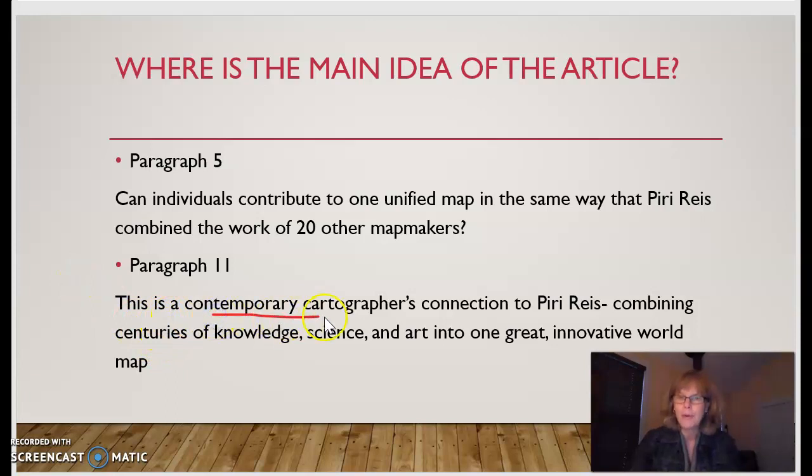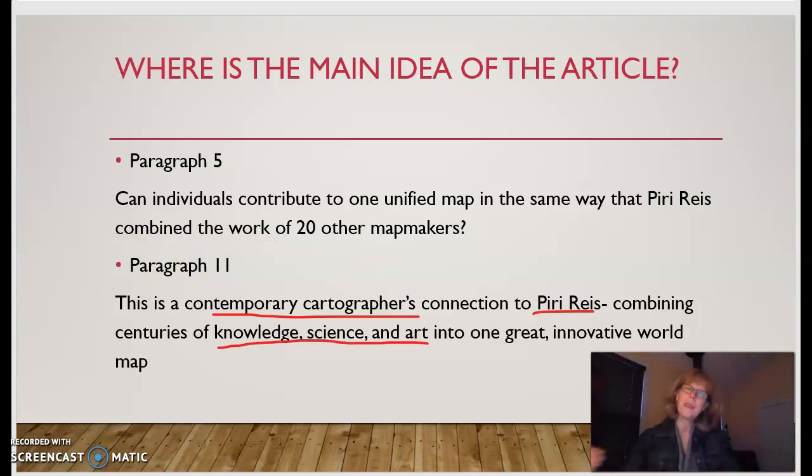This is the contemporary cartographer's connection to the old map makers, Perry Reese, combining centuries of knowledge, science, and art into one great, innovative world map. So I want you to think about this sentence, this idea of having to use science and art, knowledge that's been gathered, and that's how both the contemporary cartographers and the old guide, Perry Reese, are able to do their work.